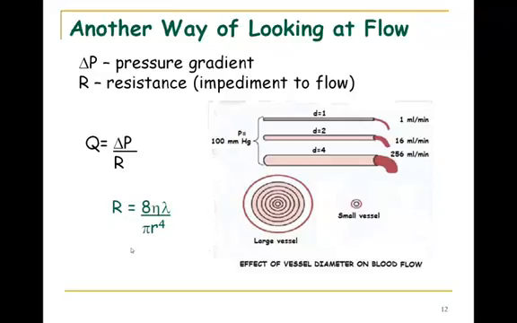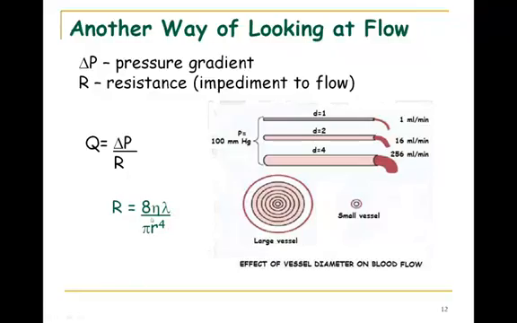If you look at this down here, what components increase resistance? What components decrease resistance? Viscosity and length increase resistance. So if you look at this equation here, if you increase resistance, you will have less flow. You're opposing it coming through.